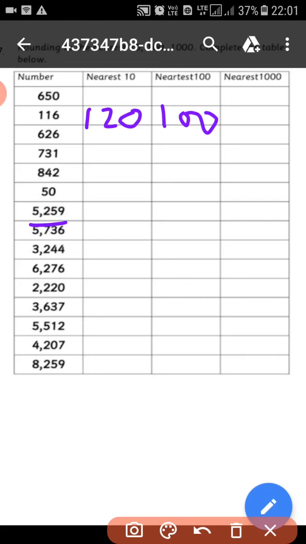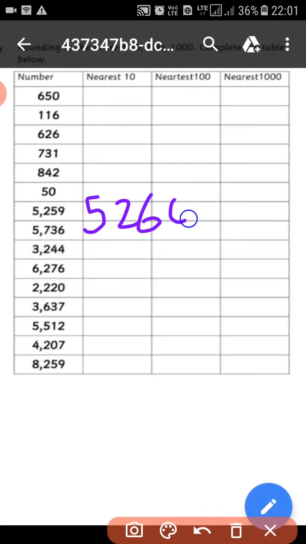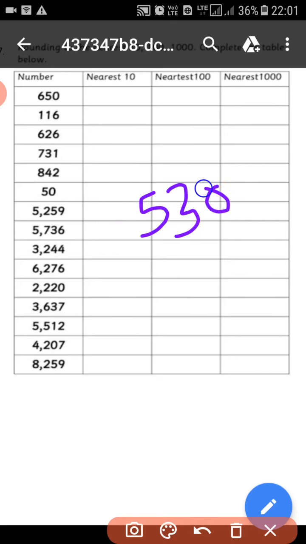Its nearest 10 is 5260. Okay, and nearest 100 is 5300. Okay, and nearest 1000 is 5000.